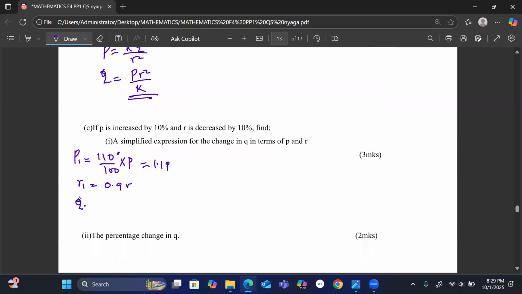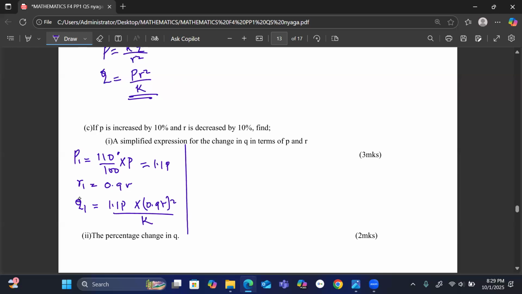So to get Q1, we take 1.1 P times 0.9 R squared, and we divide by K.